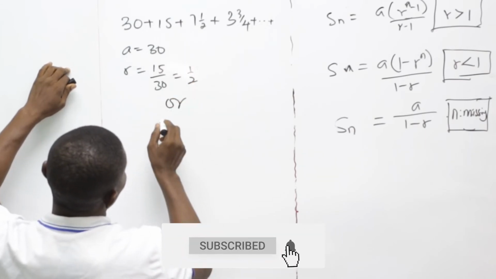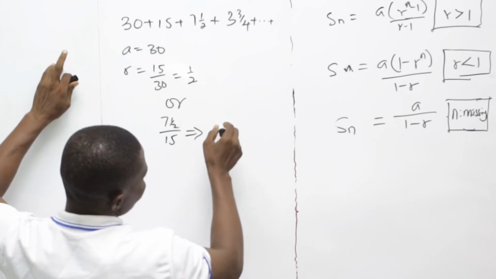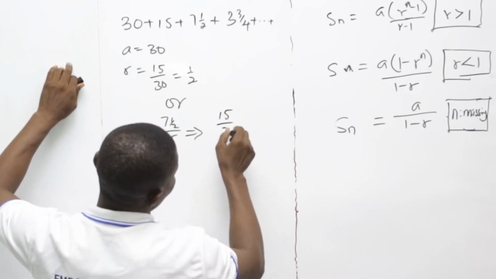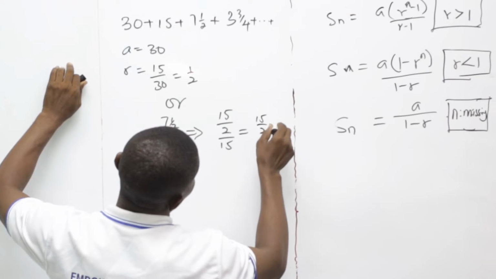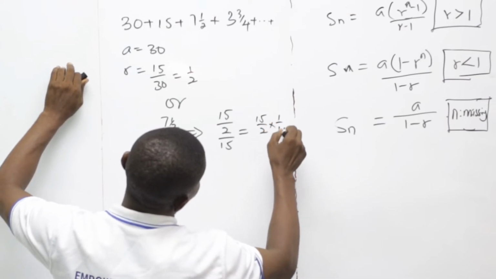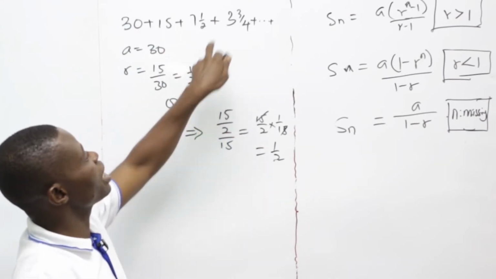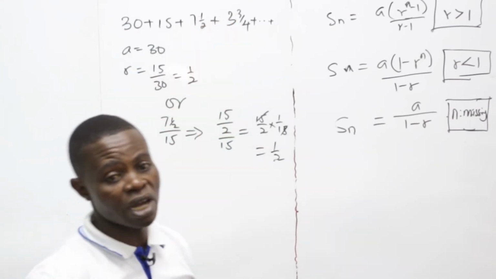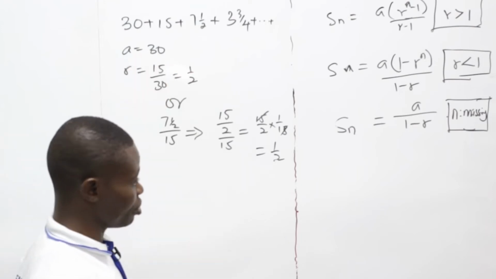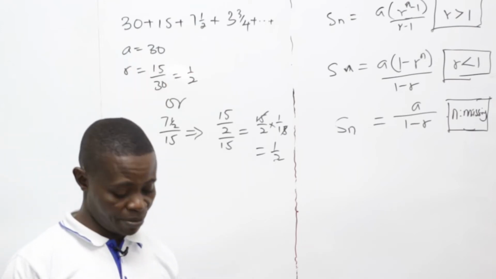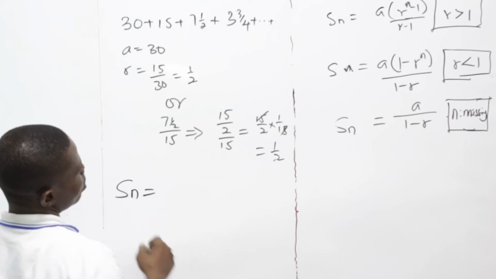Or 7.5 all over 15, which implies 15 over 2 all over 15. This equals 15 over 2 times 1 over 15. Cancel, cancel, equals 1 over 2. Can you see? It's the same. If you like, use this against this, it will still give you the half. No magic about that. So the common ratio, there is no argument, they are the same. So Sn now equals, I don't know the formula.